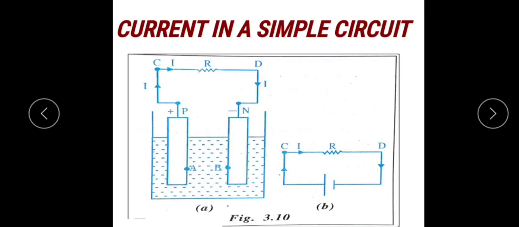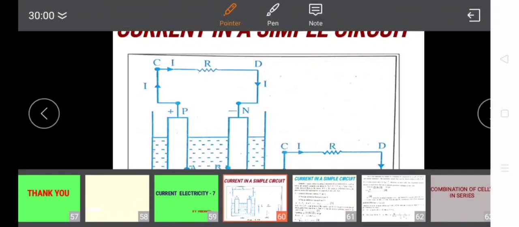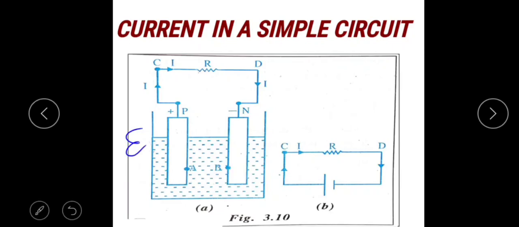Now see, consider a simple circuit in which the resistance R is connected to a cell of EMF E. Its internal resistance you can consider as a small r, as shown in the figure.